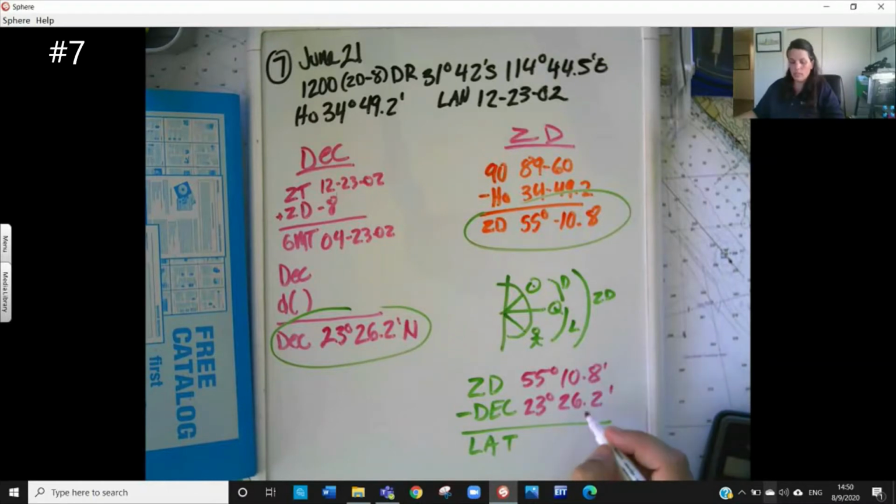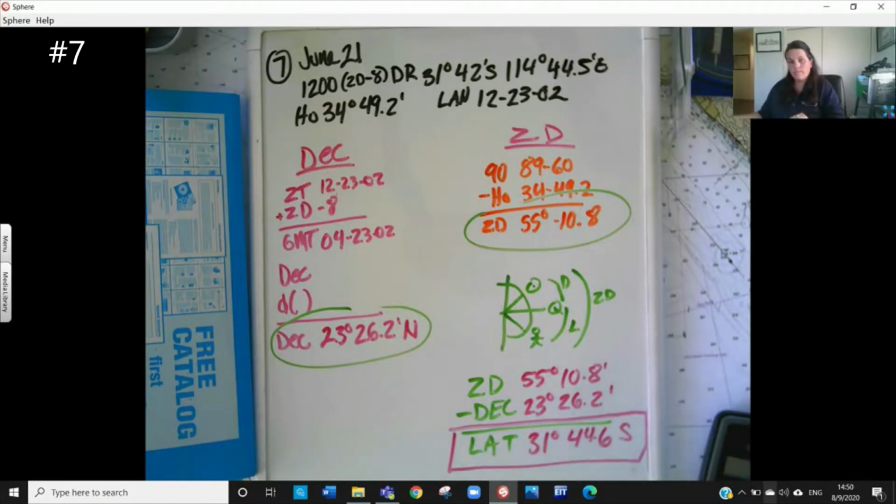I do the subtraction and I get 31 degrees, 44.6. And I am in the southern hemisphere. So this is my latitude by LAN. And that's number 7.